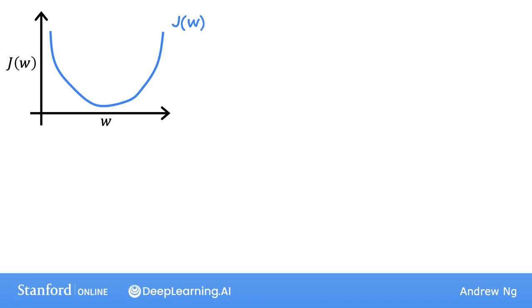Here on the horizontal axis is parameter w, and on the vertical axis is the cost J of w. Now let's initialize gradient descent with some starting value for w, at this location. So imagine that you start off at this point right here on the function J. Gradient descent will update w to be w minus the learning rate alpha times d over dw of J of w. Let's look at what this derivative term means.